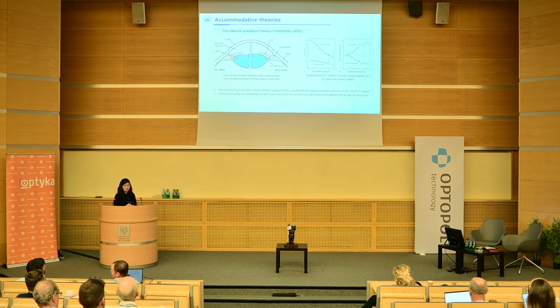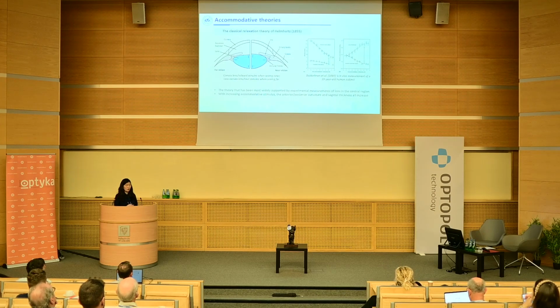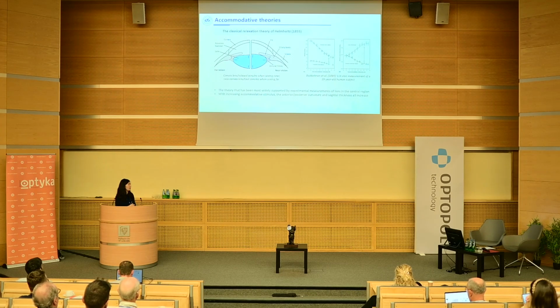Let's quickly go through how the different groups of zonules were thought to play a role in the existing accommodative theories. We know that Helmholtz's theory is very common to all: when the ciliary muscle contracts, the zonules relax and the lens returns to a more spherical shape. This theory has been supported by many in vivo experimental methods.